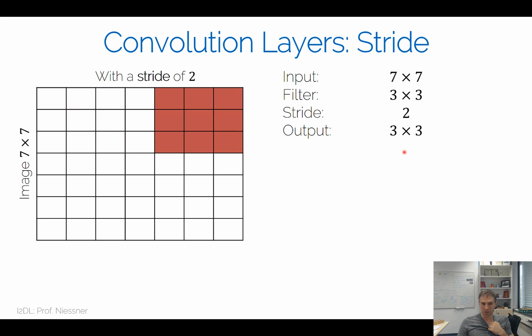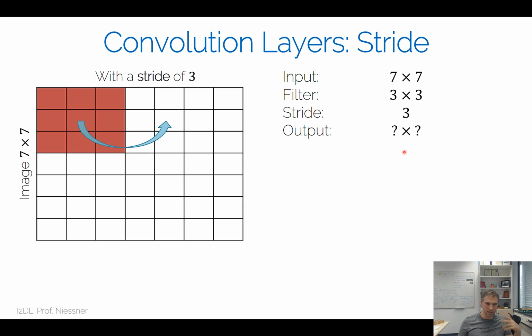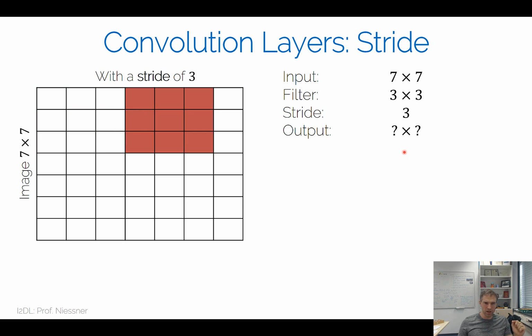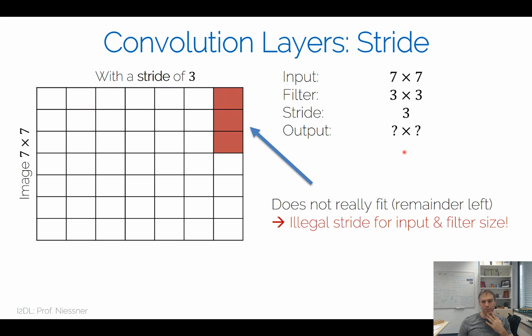Now the question is, what if I have a stride of 3 here? Well, if I have a stride of 3, I have one location here. I skip 3, so I go here. And I skip 3 again. Now, this is a little bit of a problem. This doesn't fit, right? So now I have only 2 valid locations, and I have this half location left.